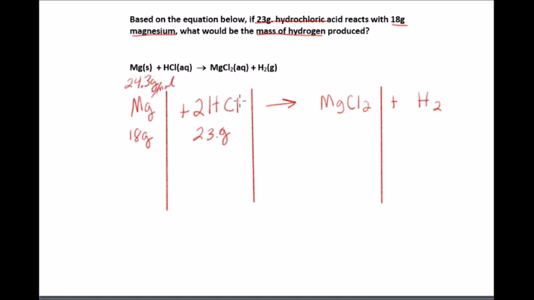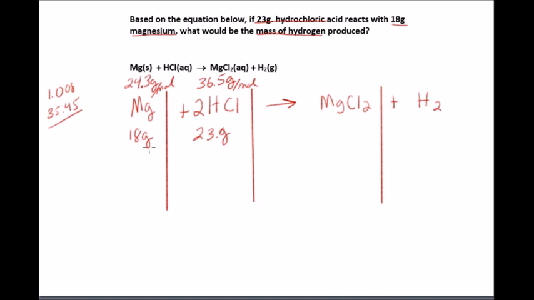All right, HCl, we can calculate that. Hydrogen's 1.008. Chlorine is 35.45. And with 3 sig figs, that gives us 36.5 grams per mole.